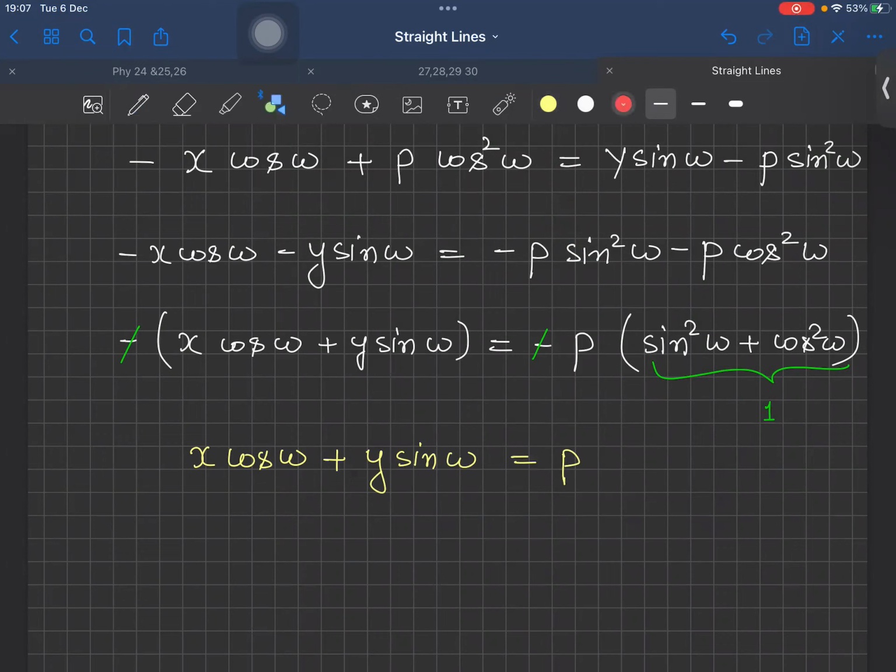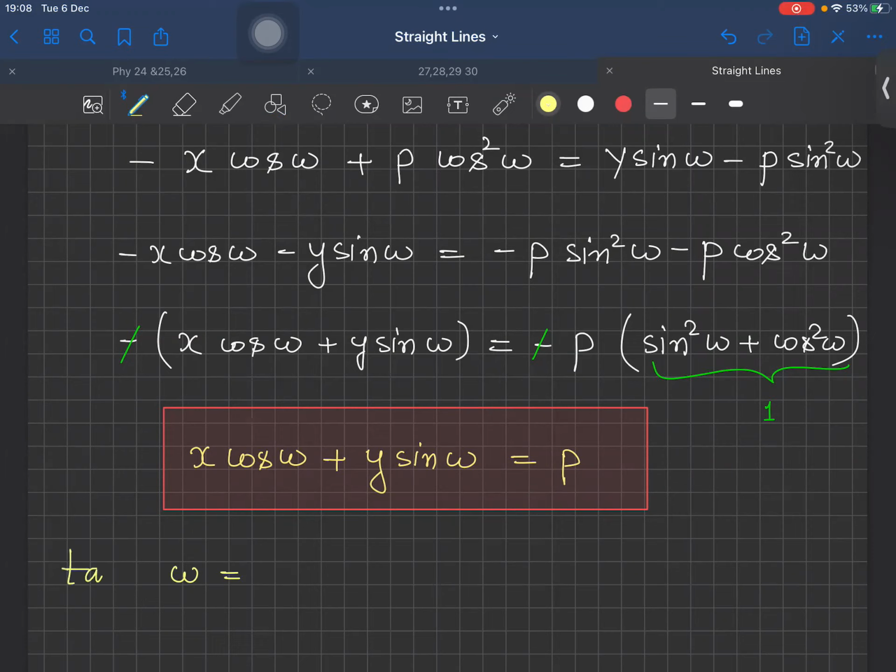Yes, sir. So this is your equation of line when the length of perpendicular is given and the slope of perpendicular is given. Now let me write here, tan omega is equal to slope of perpendicular and p is equal to length of perpendicular.